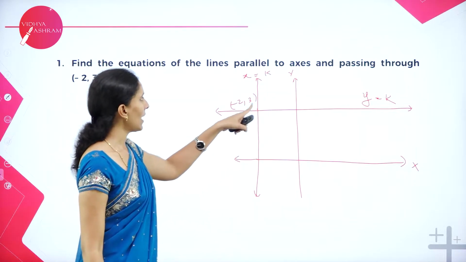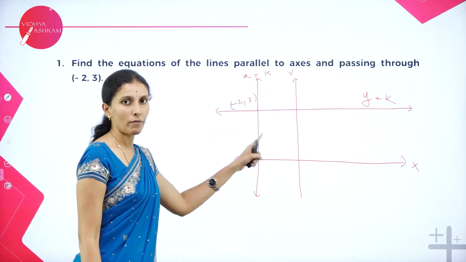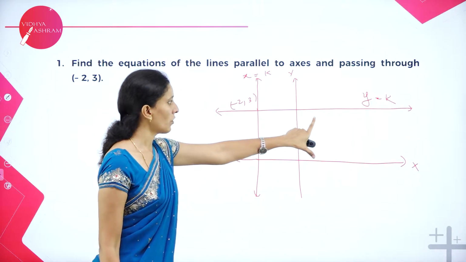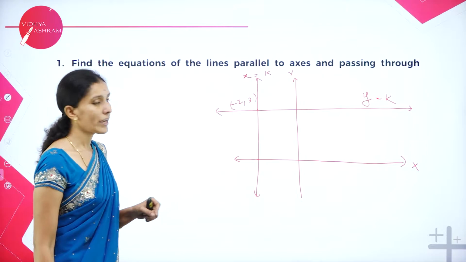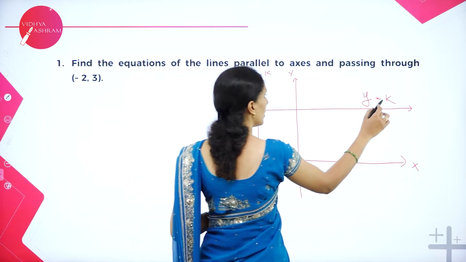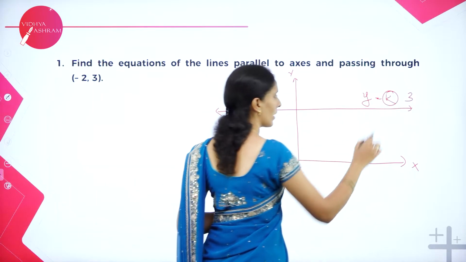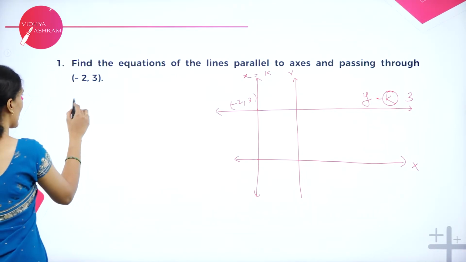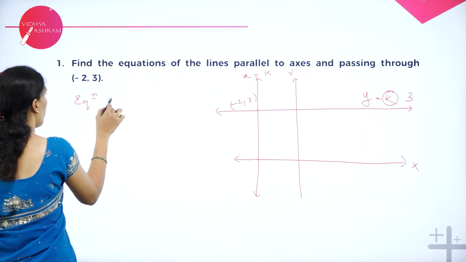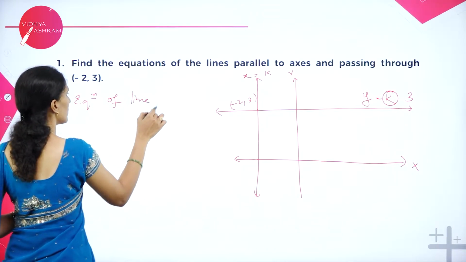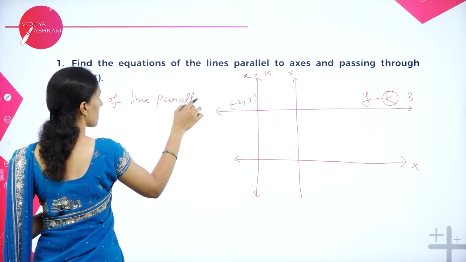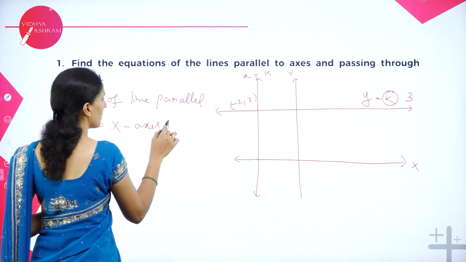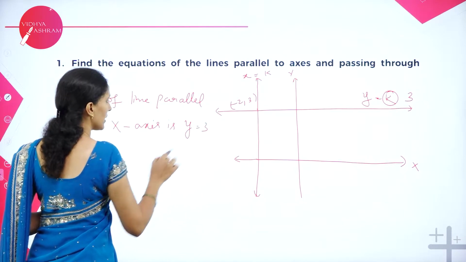But here the value of the distance from y and x is given. So therefore, for this, the distance from x-axis is y is equal to 3. So therefore, here instead of k, we are going to write 3. So this is the equation of the line parallel to x-axis. So equation of line parallel to x-axis is y is equal to 3.